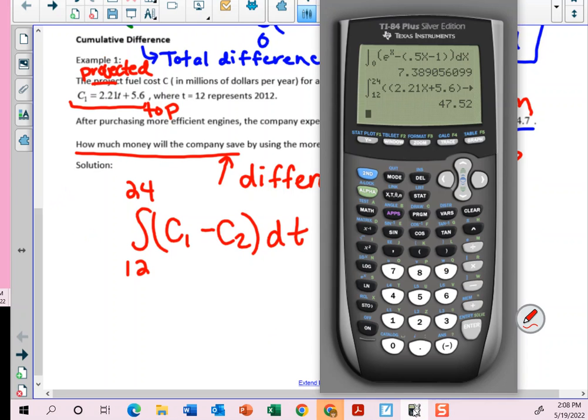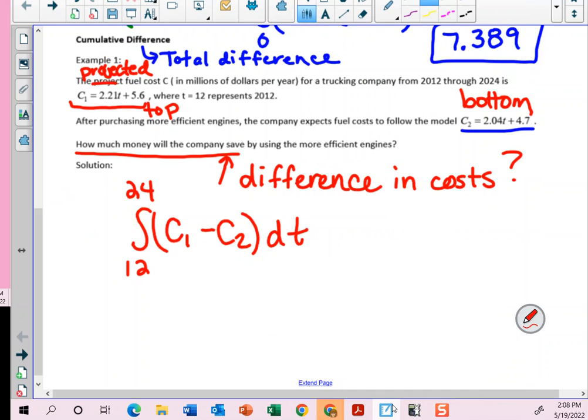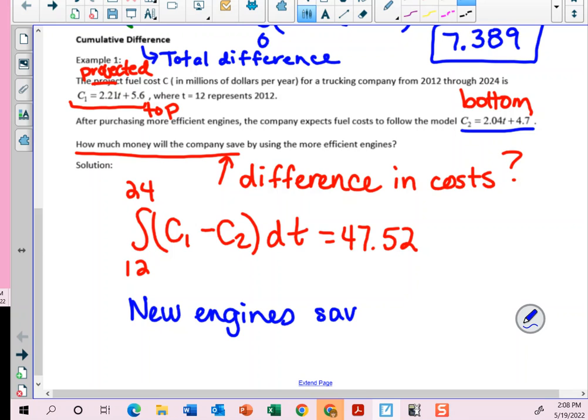So what do we get? 47.52. And so if we wanted to explain what that meant, I could say something like new engines are going to save $47.52 million.